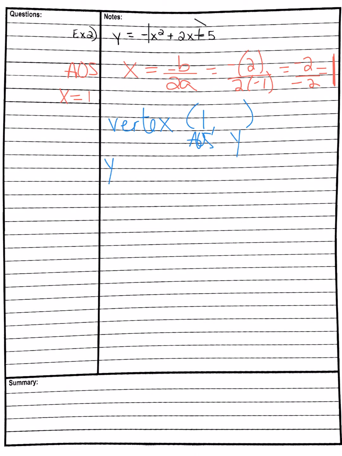So I have y equals negative 1. I'm going to plug 1 in for x and square it. Plus 2, plug in 1 in for x and square it. Plus negative 5. Order of operations. 1 squared, 1 times 1 is 1. So we have negative 1 times positive 1. Plus 2 times positive 1. Plus negative 5. I'm showing all my work here so you can see how I'm getting my answers.